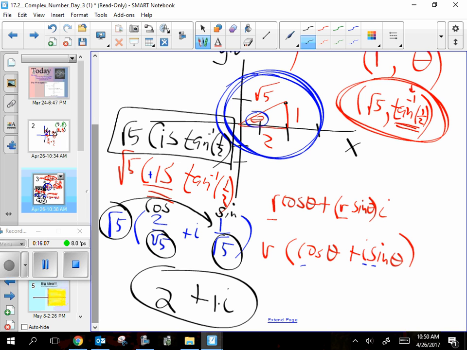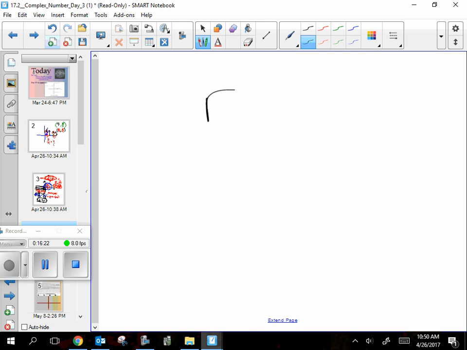These are 2 forms for the same thing. So that is one way to write an imaginary, no, not an imaginary number, a what? Complex number.